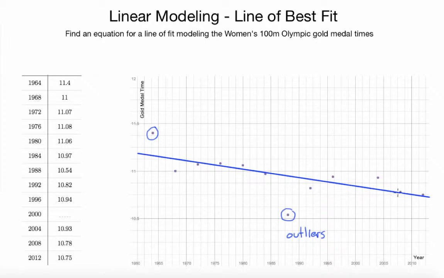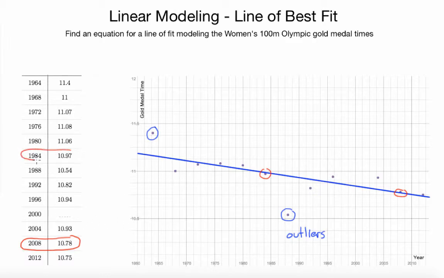So I'm going to look along here. I like this point. That seems to fit pretty well, so that's in the year 2008. So I want to use these values. And if I was going to pick another one, I might use this point right here. It's pretty close to the line as well. That would be 1984.